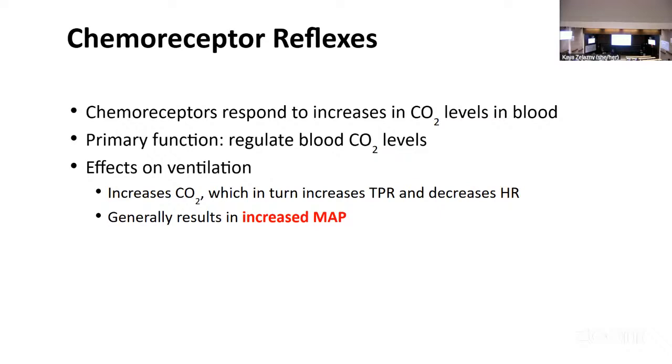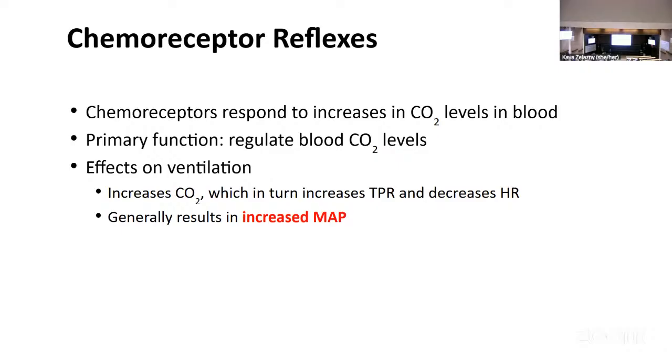Here, we're talking about some receptors in your brain that respond to carbon dioxide, right? Carbon dioxide is a waste product from metabolism, and it also acts as an acid in your blood. It can get converted into an acid, and so it would affect your blood pH, which is why your body needs to make sure we're keeping the carbon dioxide levels low enough.